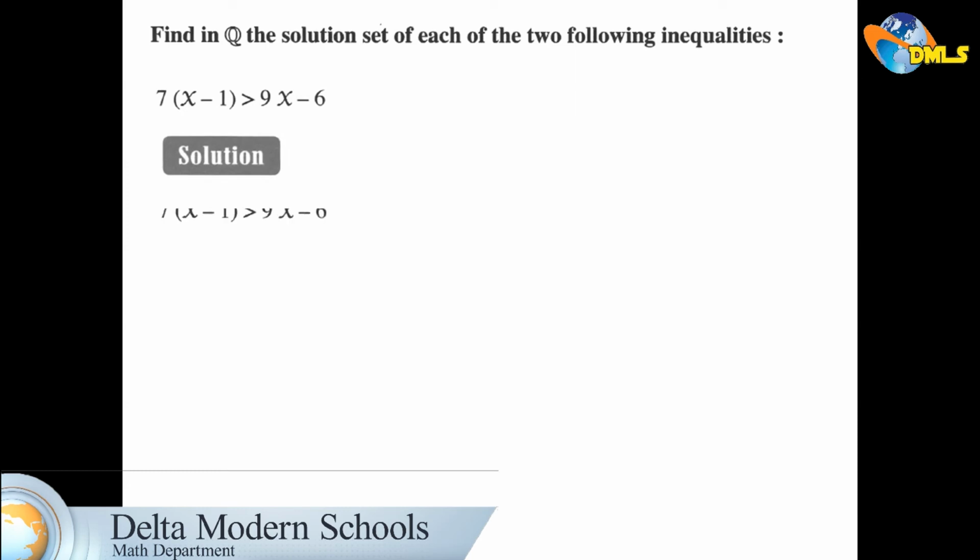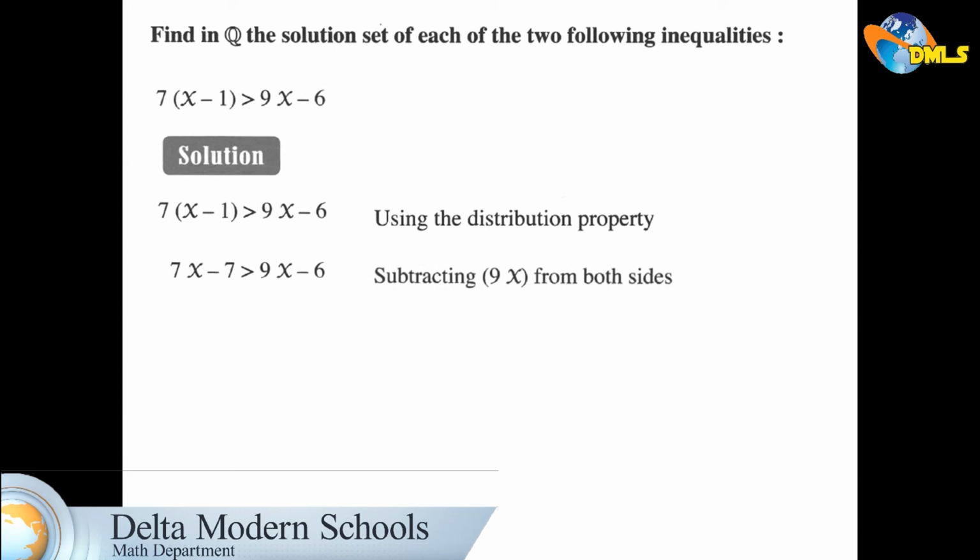Solution: by using the distribution property, it will be 7x minus 7 more than 9x minus 6. By subtracting 9x from both sides, will be negative 2x minus 7 is more than negative 6.